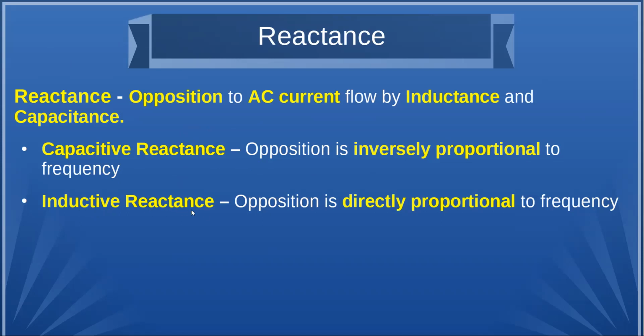Inductive reactance is directly proportional to the frequency, which means the higher the frequency, the higher the opposition to current flow. Whereas with capacitance, the opposition to current flow is less the higher the frequency.